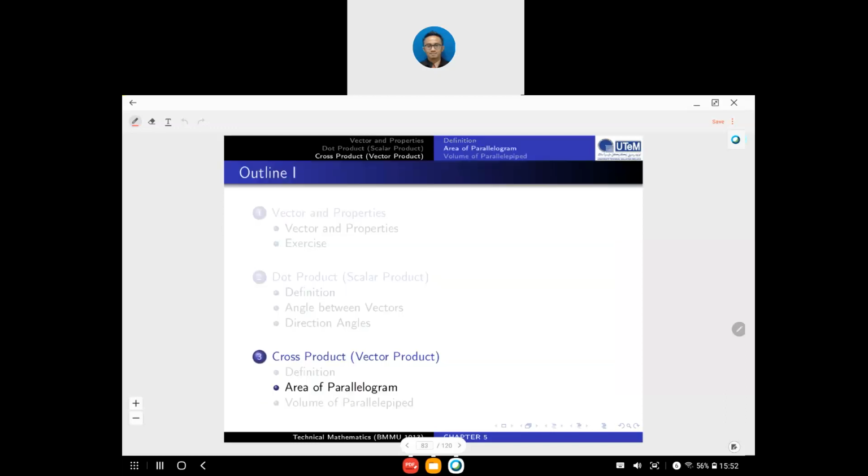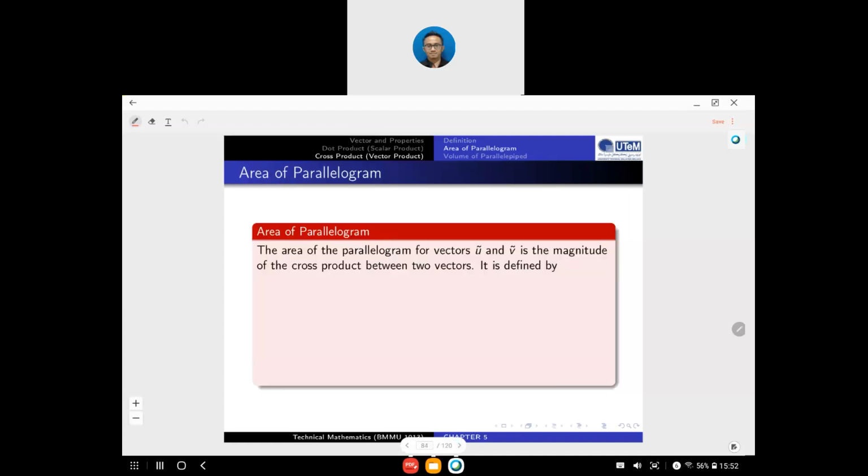Area of a parallelogram. Okay, what is the area of a parallelogram? The area of the parallelogram for vectors U and V is the magnitude of the cross product between the two vectors. You can get the area of the parallelogram if you have vectors U and V, and then you can find the area by base times height, which is the magnitude of V times the magnitude of U times sine theta.